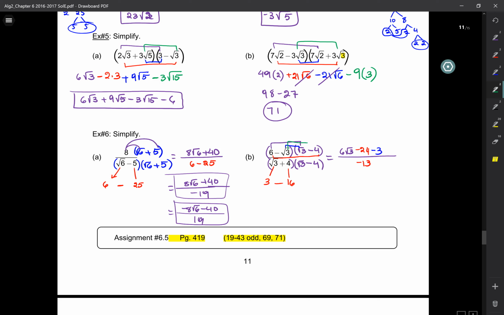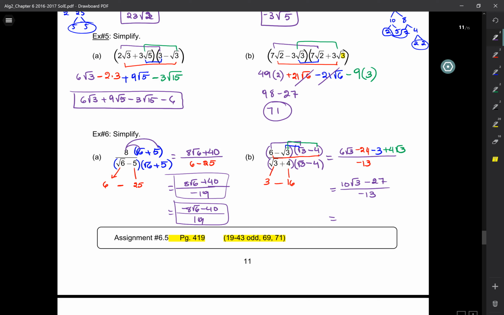And the last terms is 4 root 3. 6 root 3 plus 4 root 3 is 10 root 3. Negative 24 minus 3 is negative 27. And I have a negative 13 on the bottom.